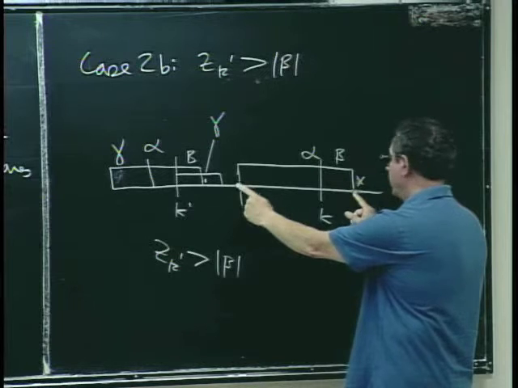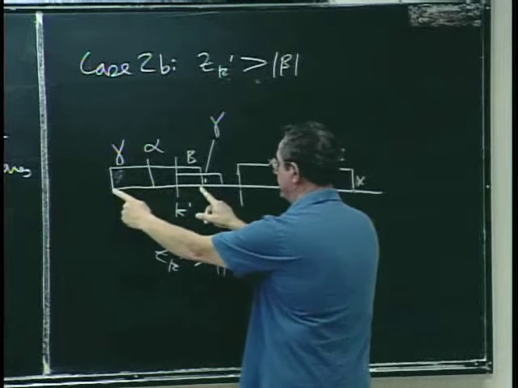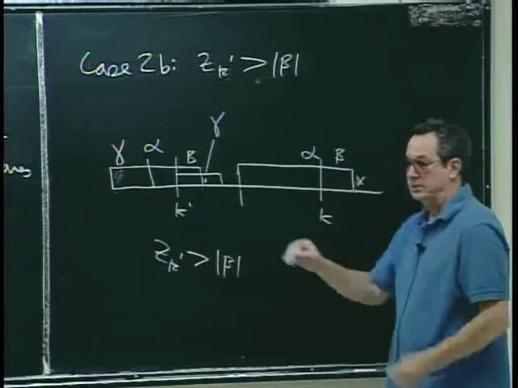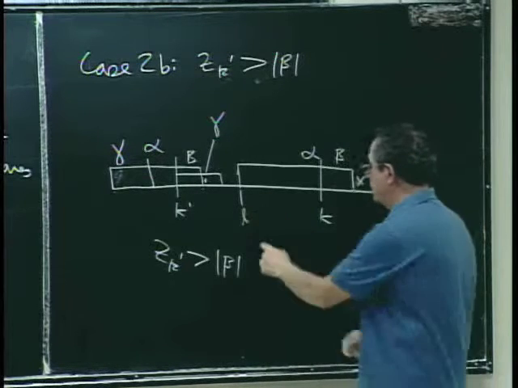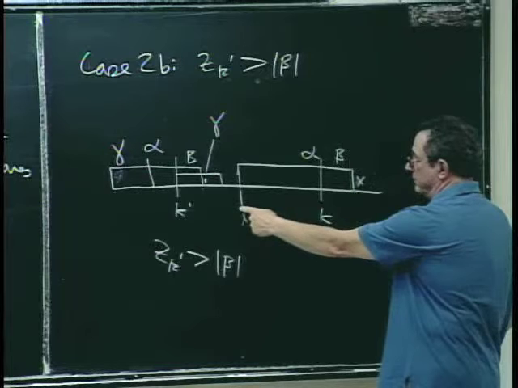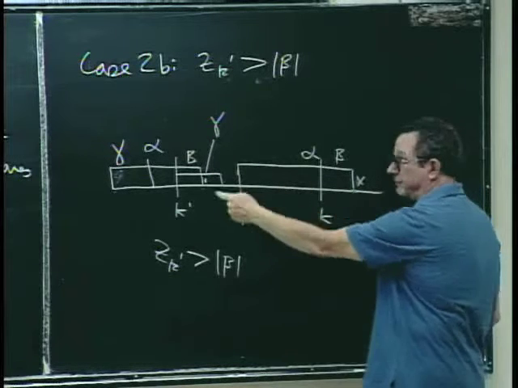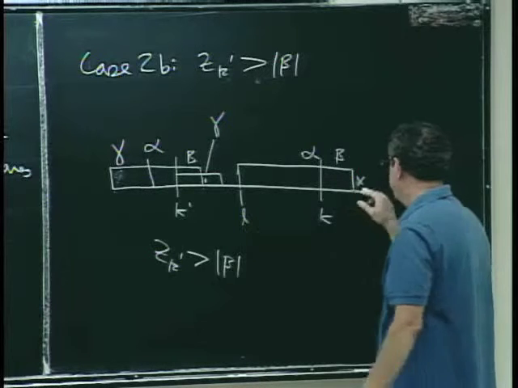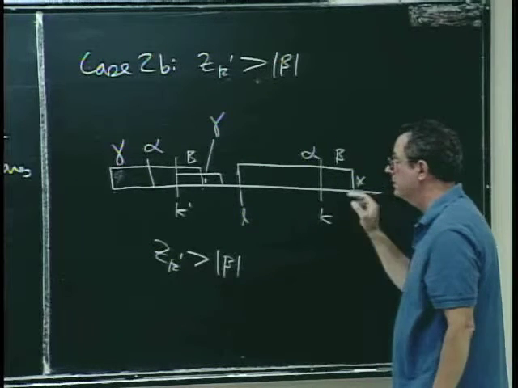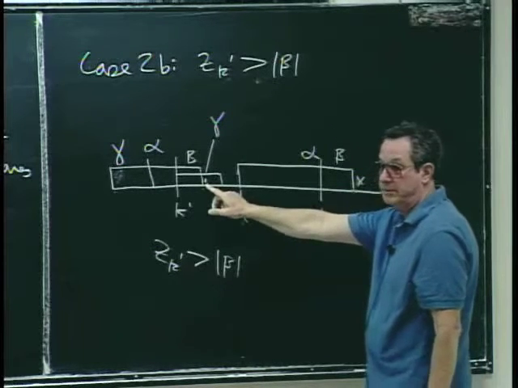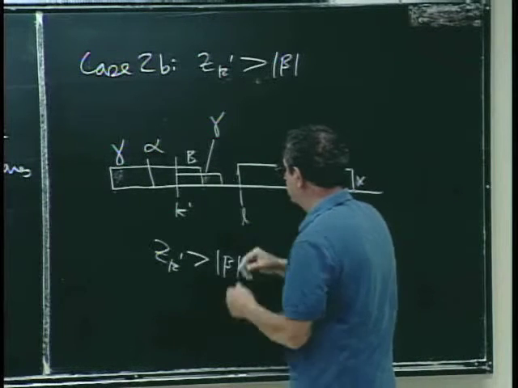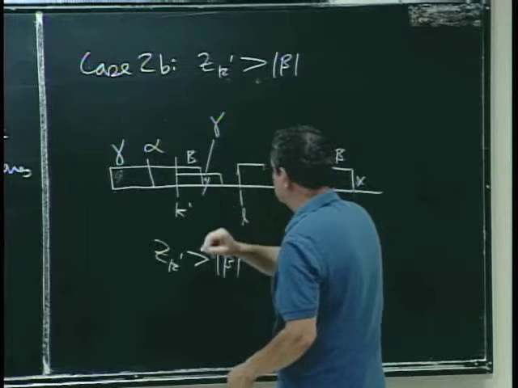We know this alpha matches this alpha, but that's the longest match starting from L of a substring that matches a prefix. Therefore, if the next character here is x, the next character over here cannot be x. Otherwise, that would violate the definition of longest. So that has to be y.